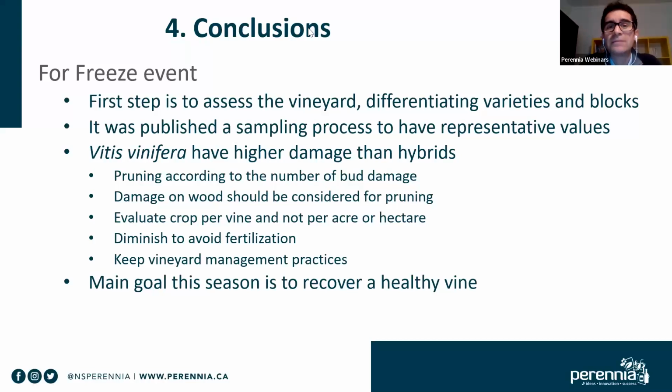The same if we have some issues on the graft union that was not covered the previous season. I'm not saying it will happen, but the plant will be more susceptible to some kind of damage there. So we have to keep an eye there. So health will have a role. That's why we have to be careful of how many nutrients or how much water we have on the ground, or how the fungal disease management goes through the season.